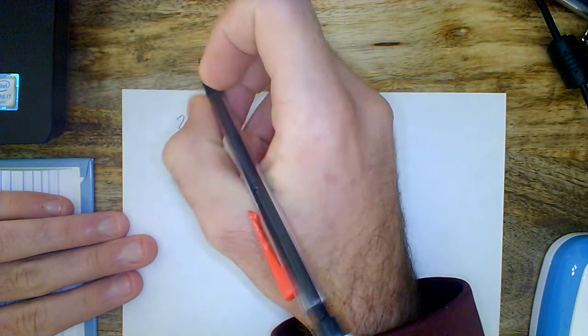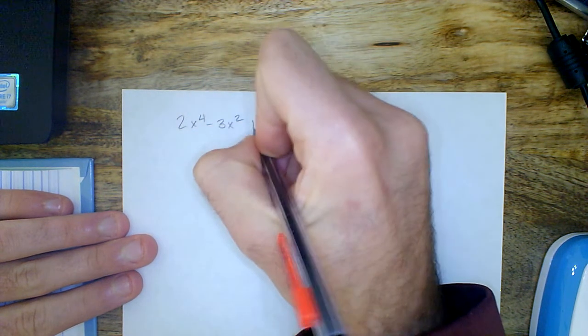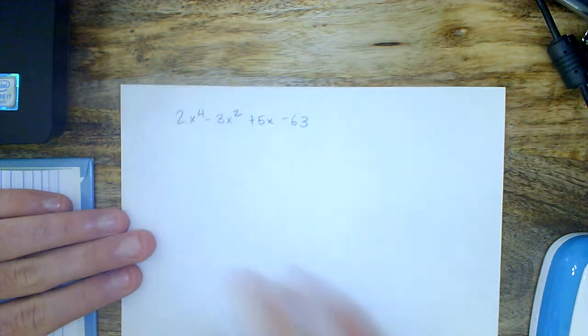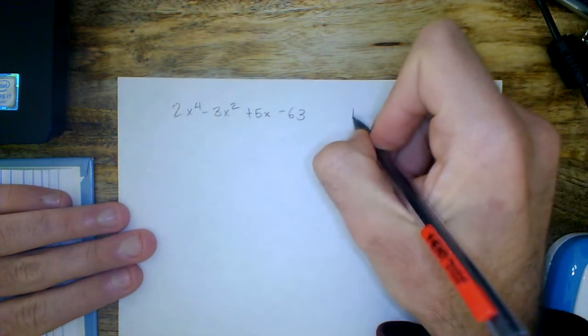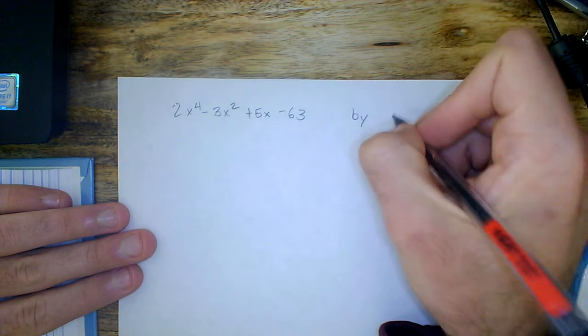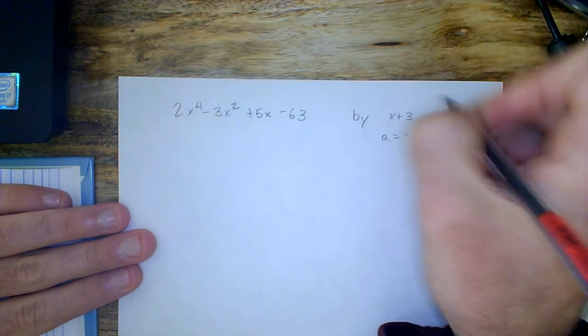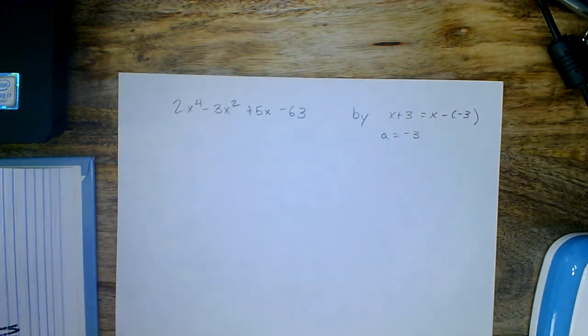Remember, it's 2x to the 4th minus 3x squared plus 5x minus 63, being divided by x plus 3. So a would be negative 3, because this is equal to x minus negative 3.